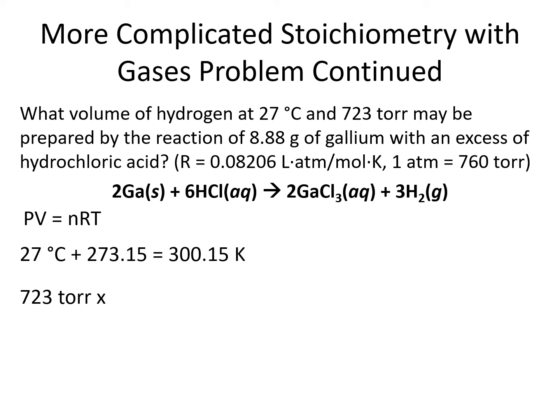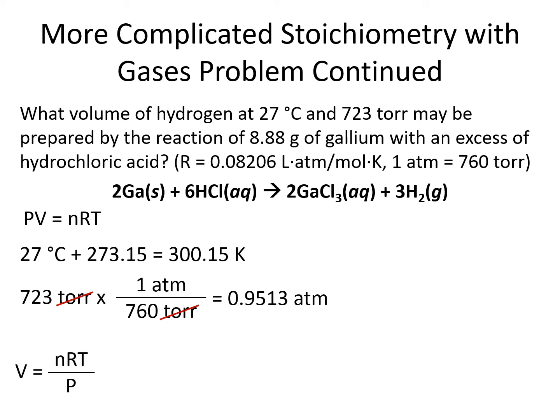We take our 723 and divide by 760, which gives us 0.9513 atmospheres. We rearrange the ideal gas equation to get V by itself on one side of the equal sign and end up with V equals nRT divided by P.